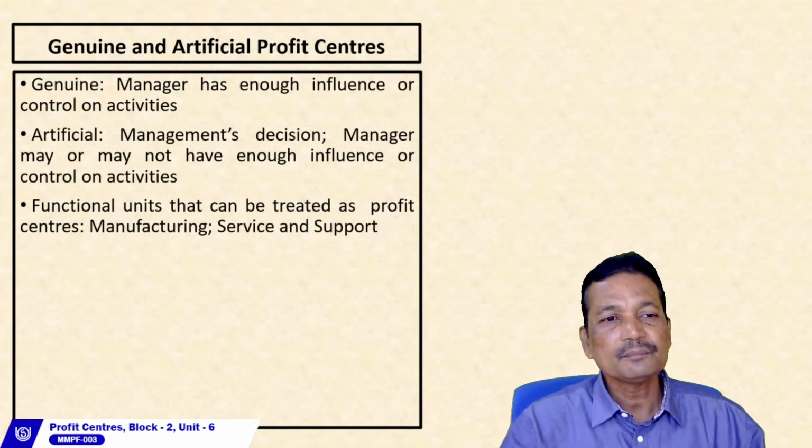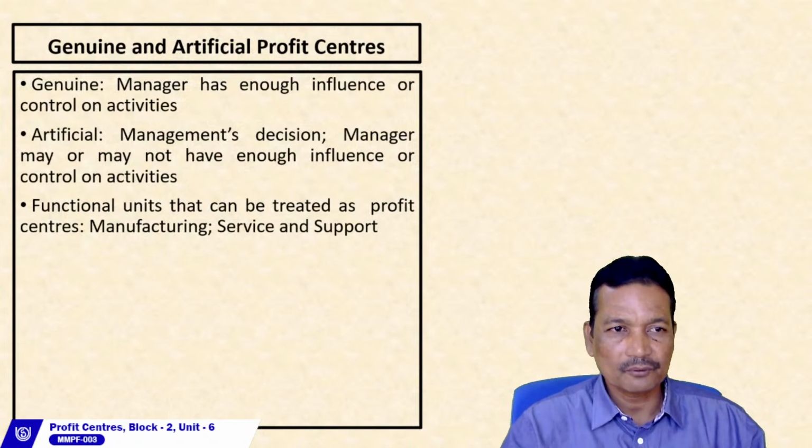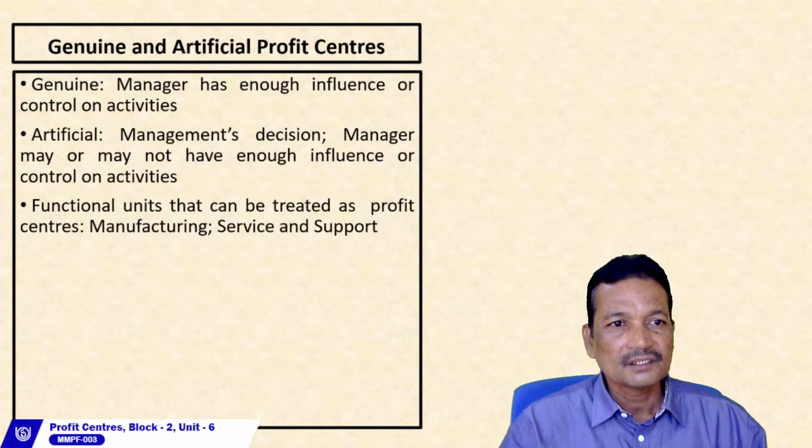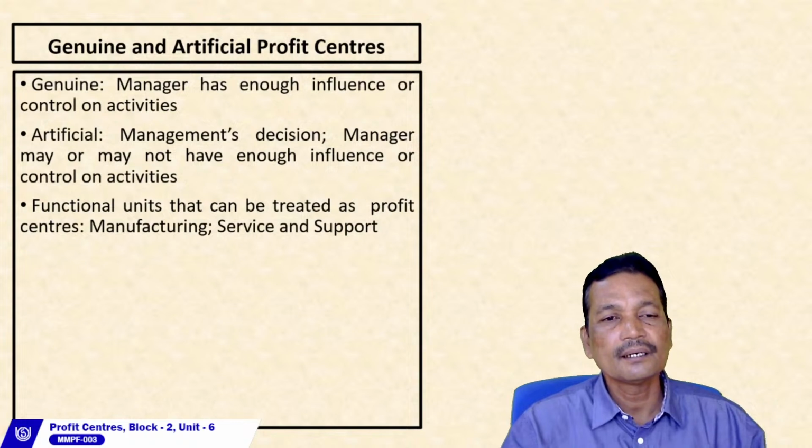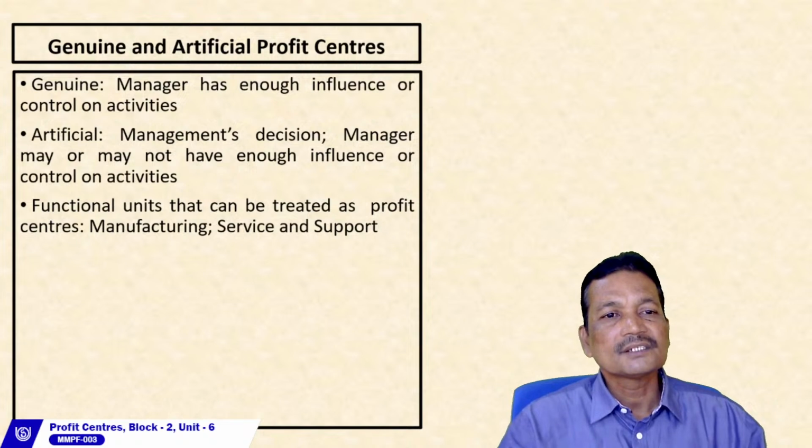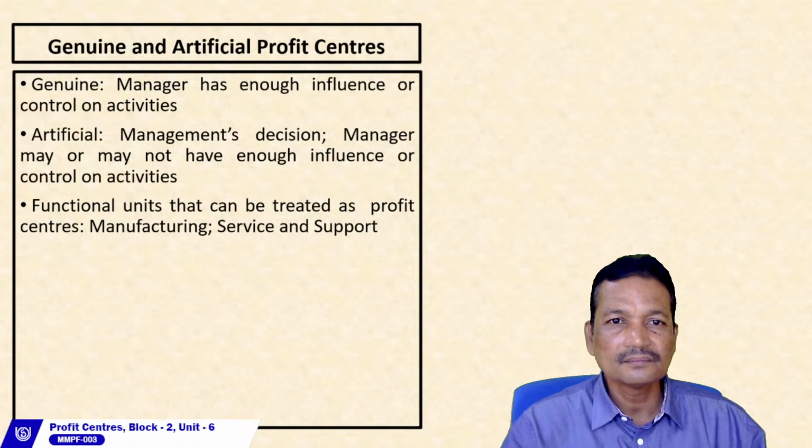Now, types of profit centers. In general, we have two types of profit center. One is genuine profit center, another is artificial profit center. What is a genuine profit center?